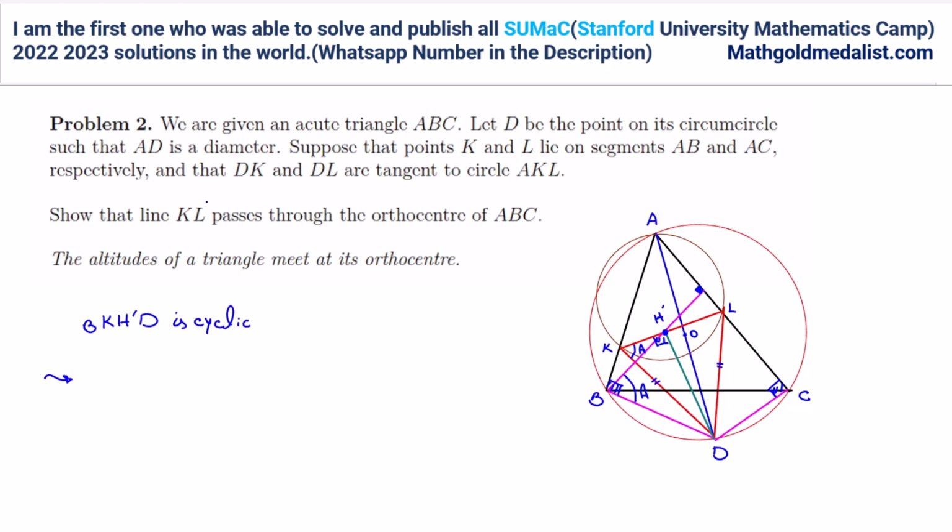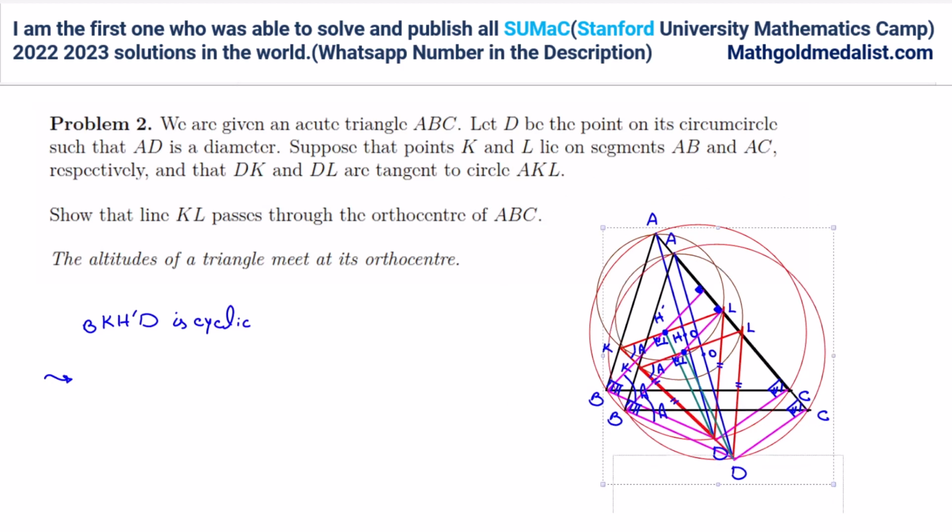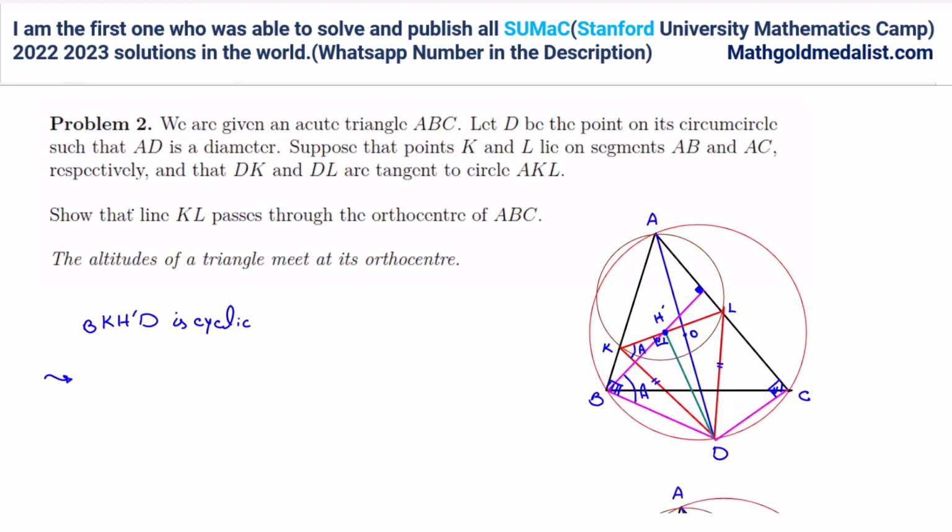CLH prime D. Yes, because here we can solve it in two ways. Let me copy and... Okay, we can conclude from here, solution 1. We said what is cyclic? CLH prime D is cyclic. Then because it is cyclic, want more hint or is that enough?